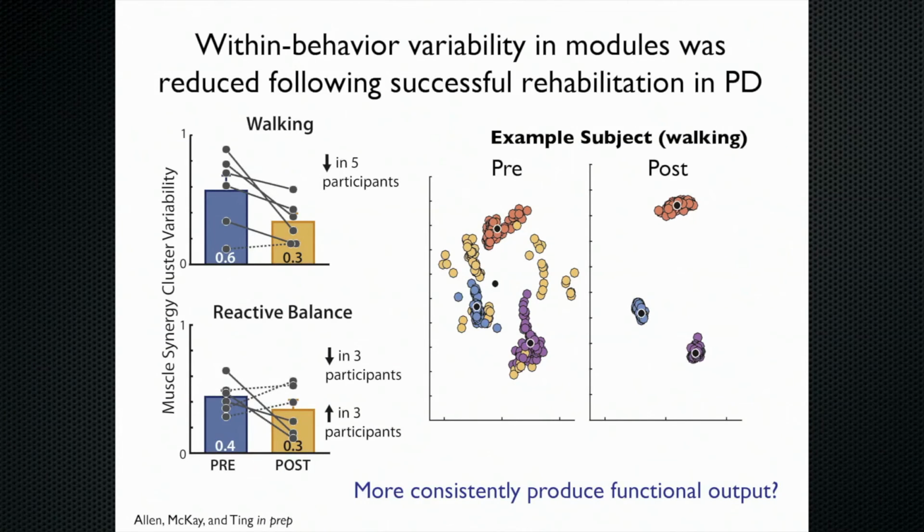Similarly, if we look at the Parkinsonian patients before and after this training, actually the number of motor modules, so the variability, actually goes down as well. So here you can see that this cluster of orange is tight, but it's even tighter after the rehabilitation. Each of these dots is tighter.